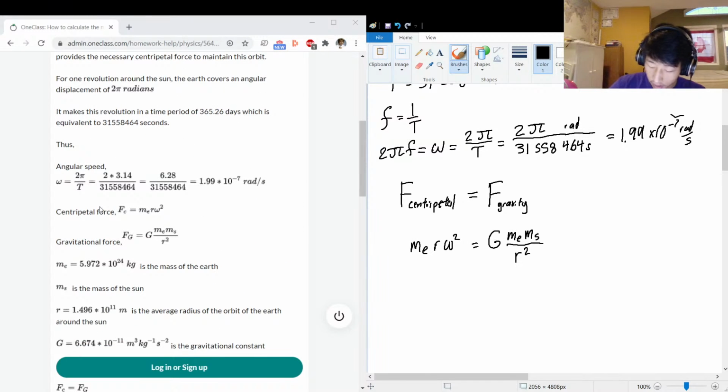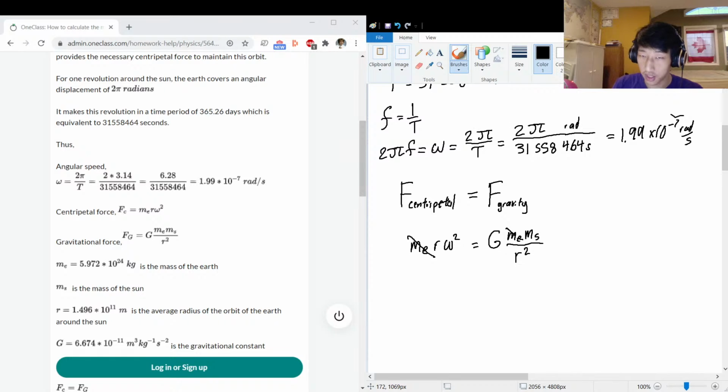Okay, so let's do some quick algebra to isolate ms so that we can input our numbers and calculate it real fast. Before we do anything, we can cancel out me from both sides. If we just divide both sides by me, they neutralize each other, so they will no longer be relevant to this equation.